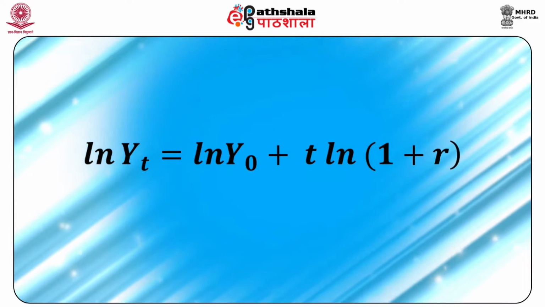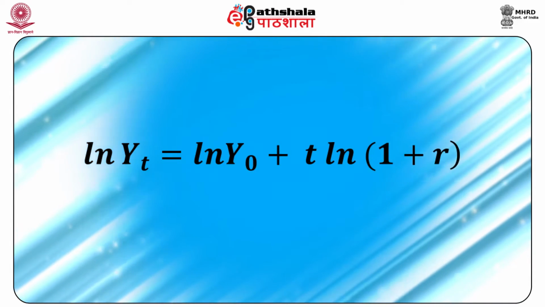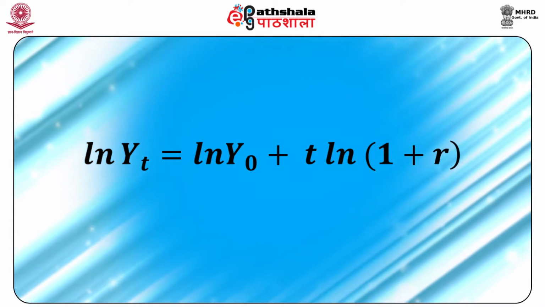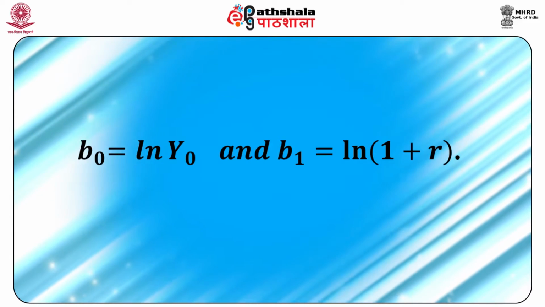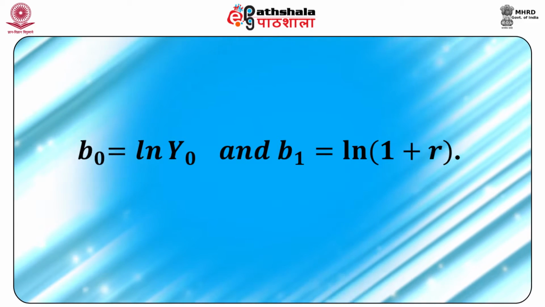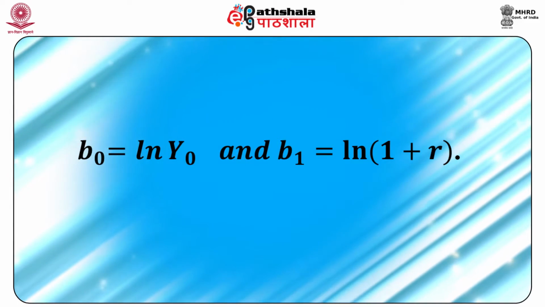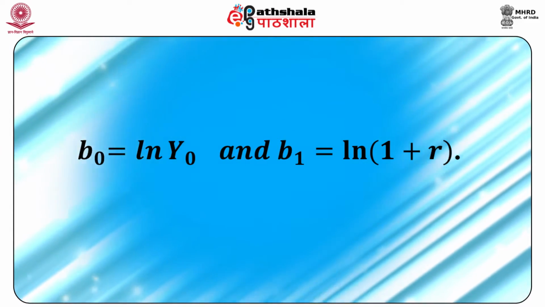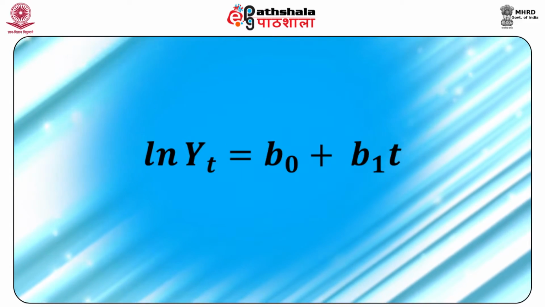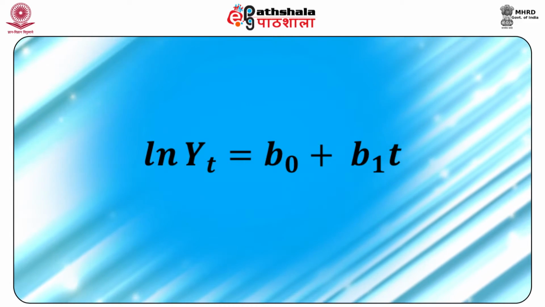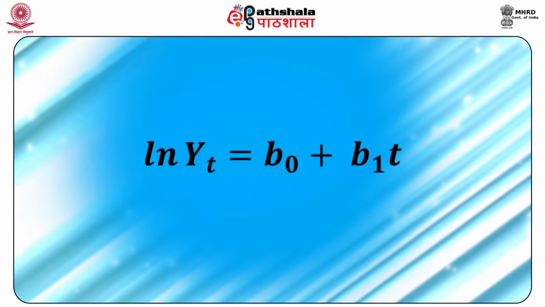Now taking log on both sides, we will get ln yt is equal to ln y0 plus t into ln(1 plus r). Now suppose we denote b0 is equal to ln y0 and b1 equal to ln(1 plus r), the above equation can be rewritten as ln yt equal to b0 plus b1 t.